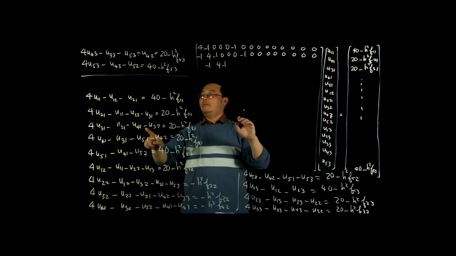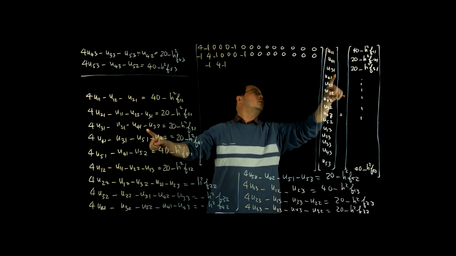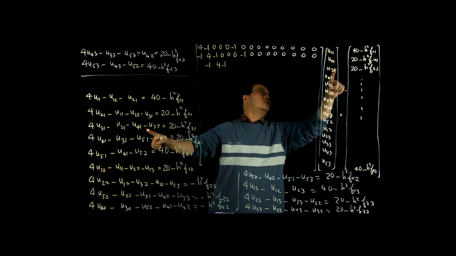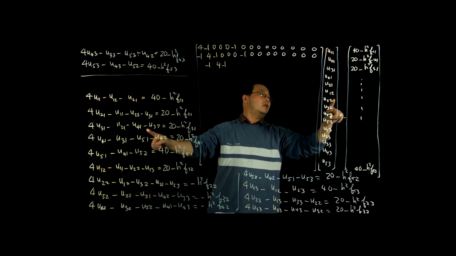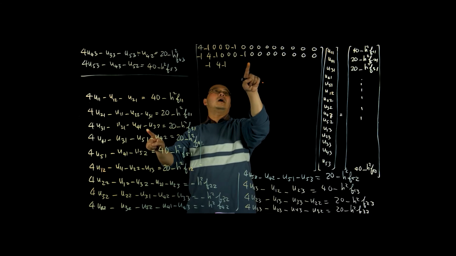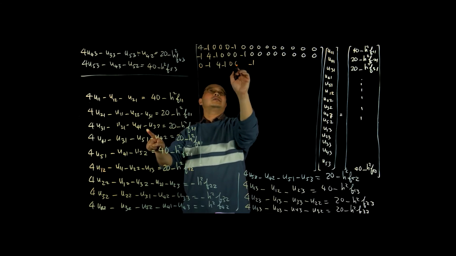And minus U32, so 1, 2, 3, 4, 5, 6, 7, 8, so -1 here. So the rest is just equal 0.